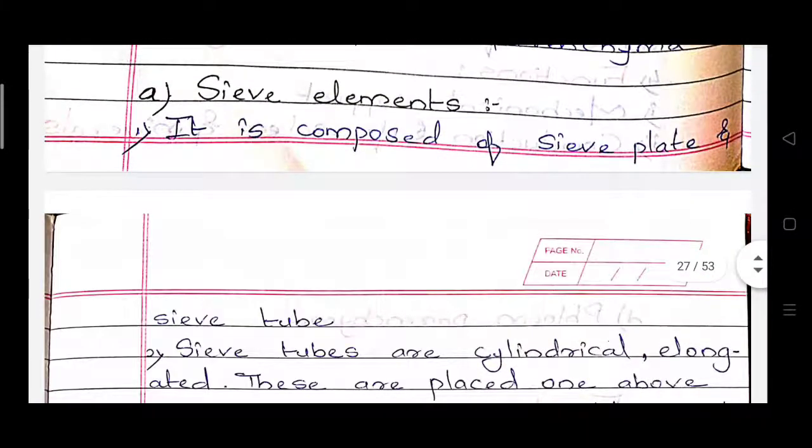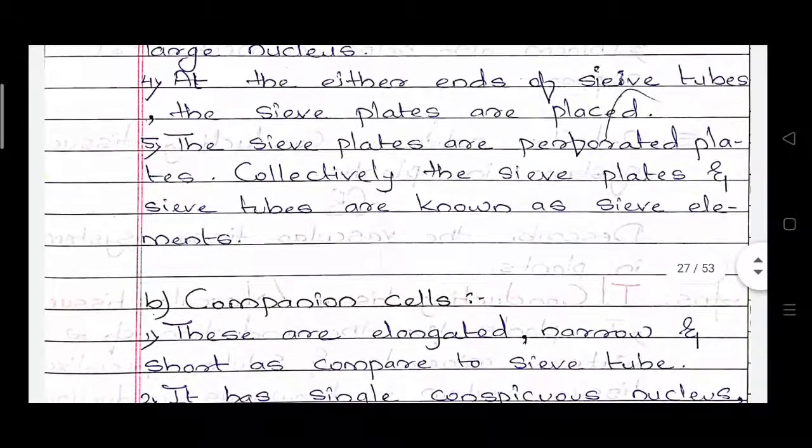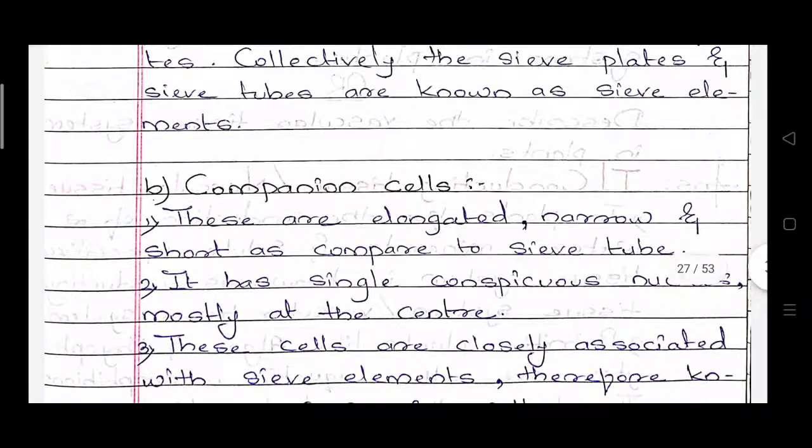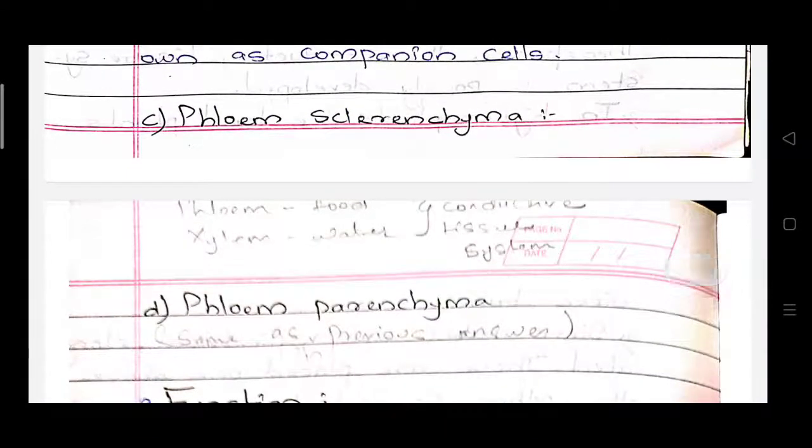So these are the parts of the phloem. First one is the sieve element. In sieve element, sieve plate and sieve tubes are collectively present. Then the second part of the phloem is the companion cell. These companion cells are always associated with the sieve elements. Then the third part is the phloem sclerenchyma, and the last one is the phloem parenchyma.